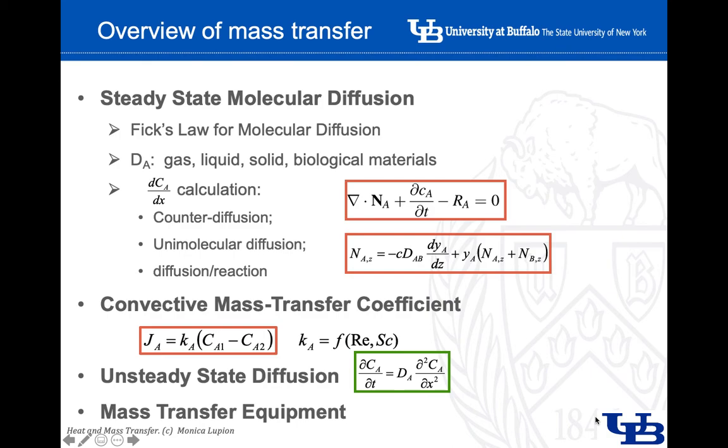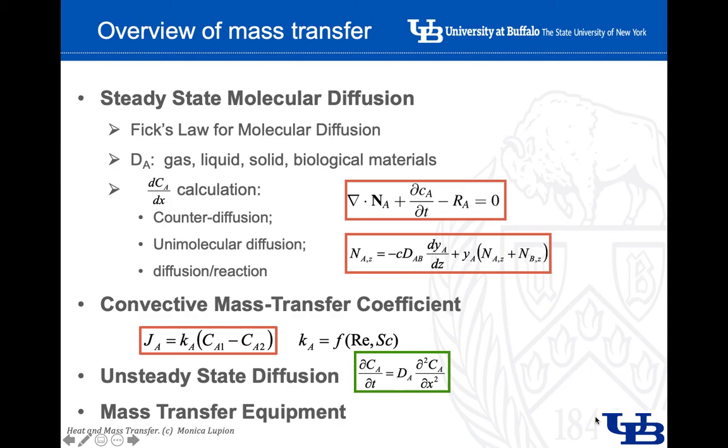Then we studied different approaches to determine the value of this convective mass transfer coefficient. This is a very challenging estimation because, the same as with the convective heat transfer coefficient, there are many different parameters affecting the estimation and the calculation of this coefficient.